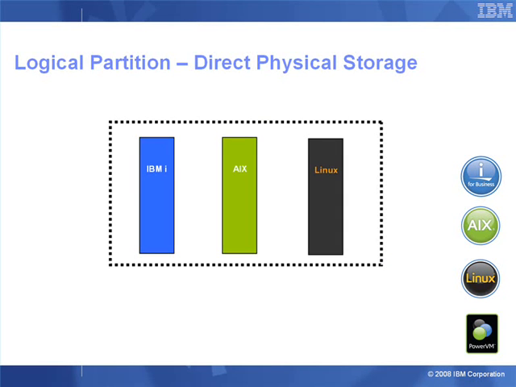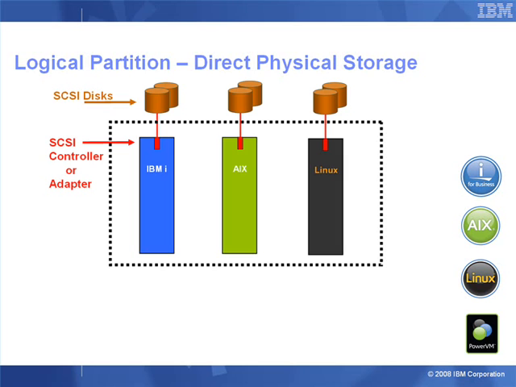Let's look at three different logical partitions here inside one machine and how we can directly connect storage to it. Typically we've had SCSI disks for many years, and we can connect those to our machine and connect them to a particular logical partition by making the adapter that they're using part of the logical partition.